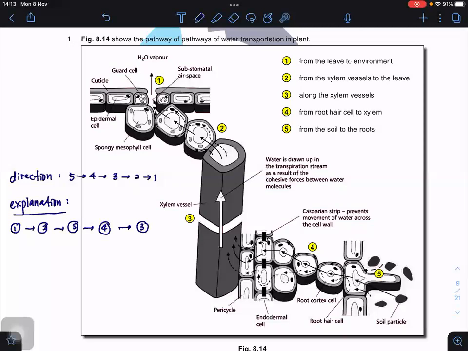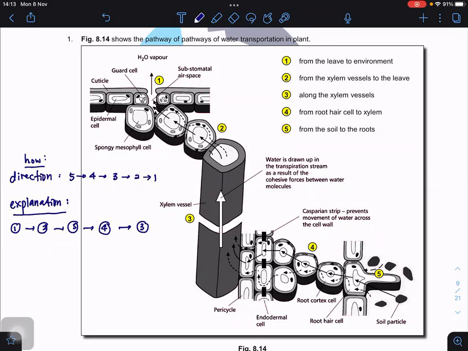So if the question asks you to describe the direction, then 5, 4, 3, 2, 1. If the question asks you to explain, then it will be 1, 2, 5, 4, 3. Clear or not, guys? Okay, so you have to understand. If the question asks you how, it means 5, 4, 3, 2, 1, the water molecule enters and so on.